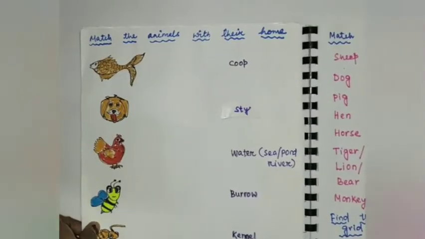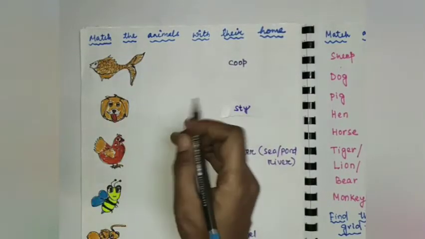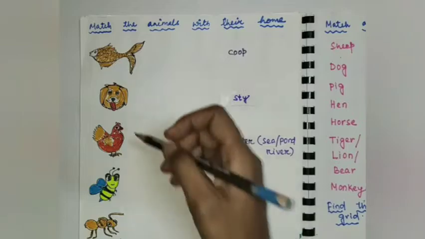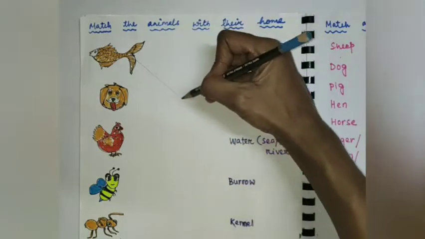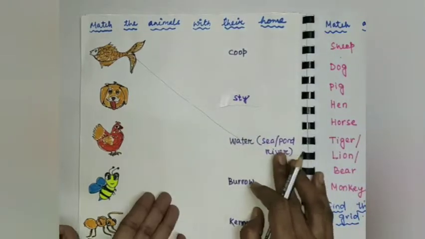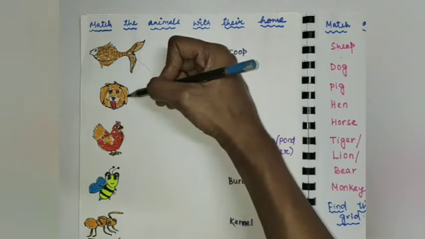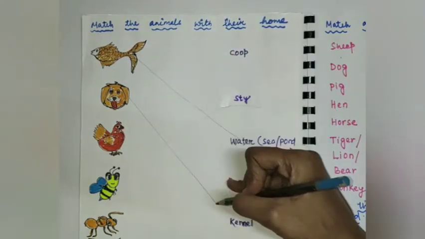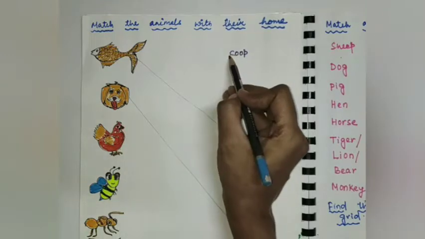Next activity is match the animals with their homes. First picture is of a fish. And fish lives in water. We can say it's an aquarium. It may be aquarium, it may be sea, pond, or river. This one is a picture of a dog, and the dog lives in a kennel. Then this one is a picture of a hen, and the hen lives in a coop.